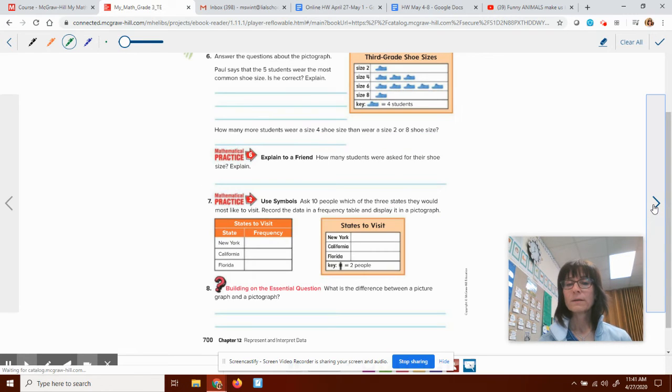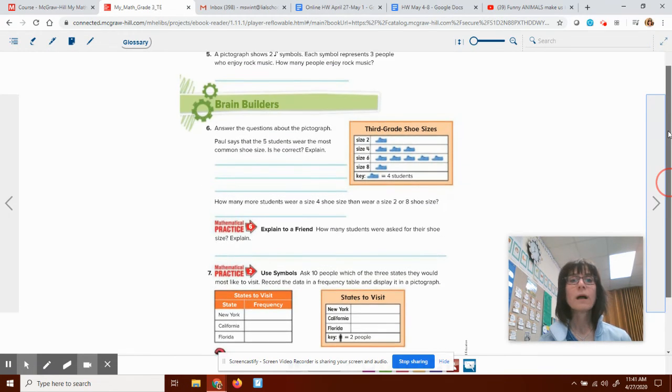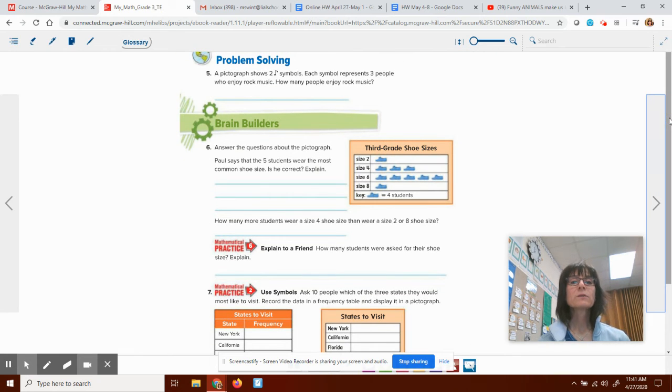On the back part of your paper, the problem solving, it says a pictograph represents 2 musical notes. Now, if each symbol represents 3 people, and I have 2 of them, how many people enjoy rock music?